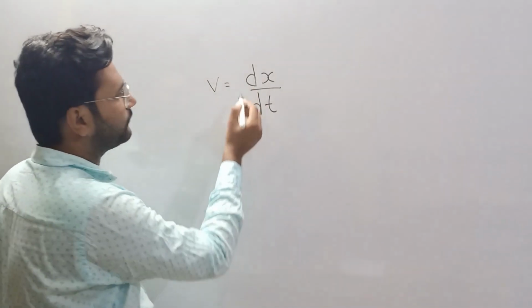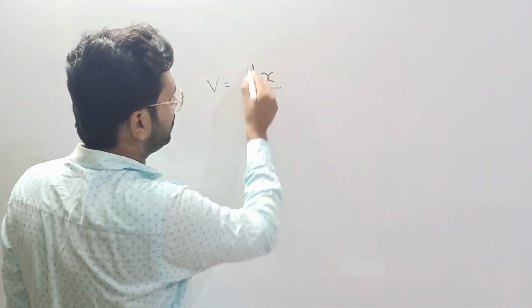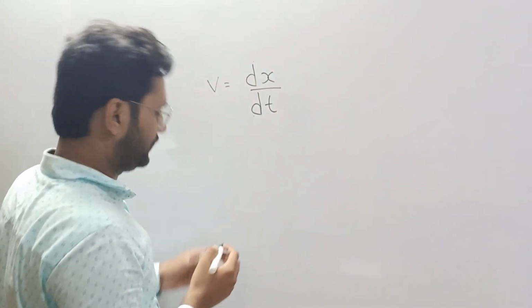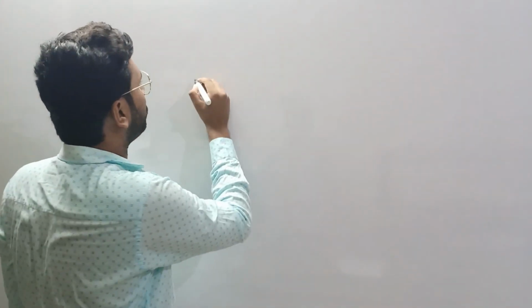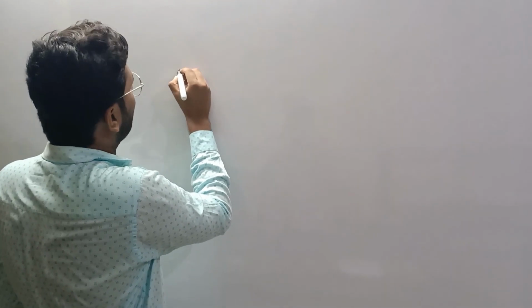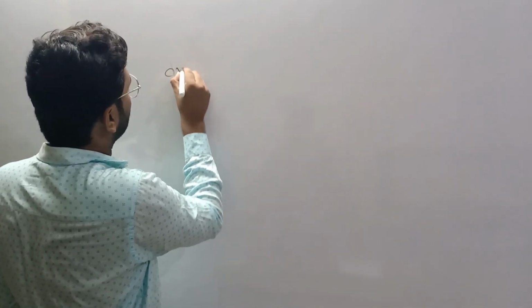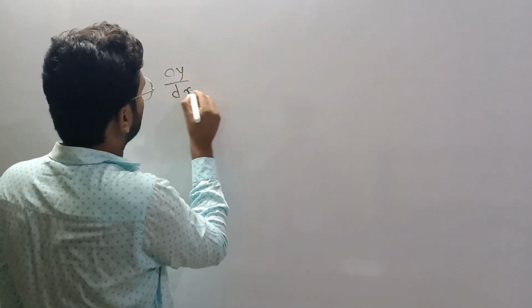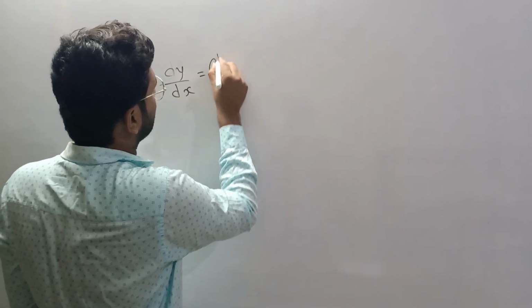We will use these symbols d and d. So in general we use this formula for derivative: dy by dx is equal to f dash x.